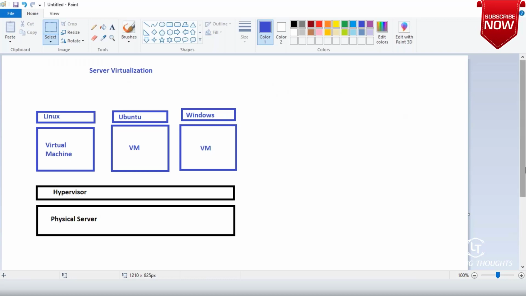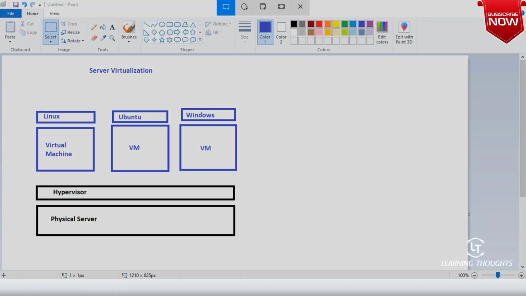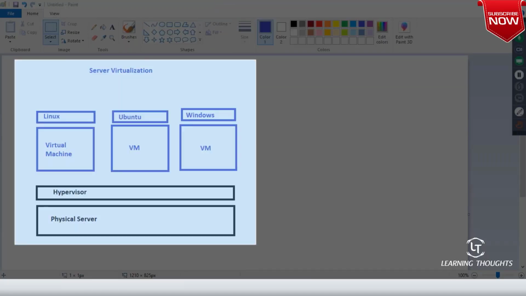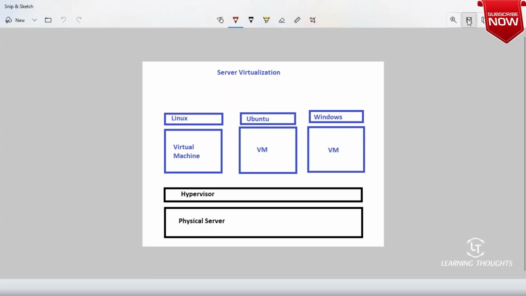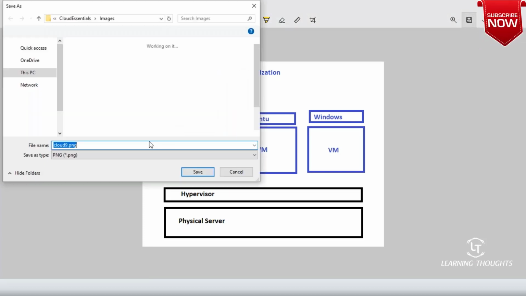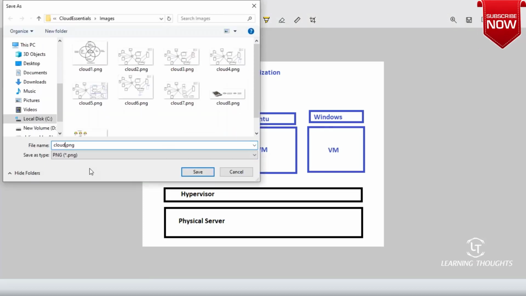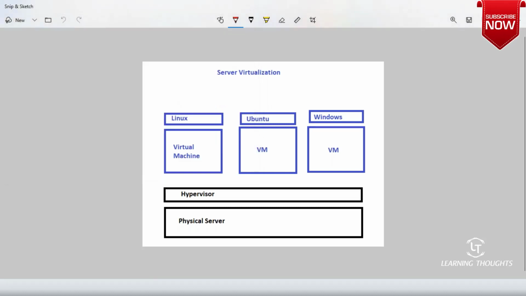If your company is using VMware, they use the same thing. So what is happening? From one physical machine, we are able to create multiple virtual machines. Right.